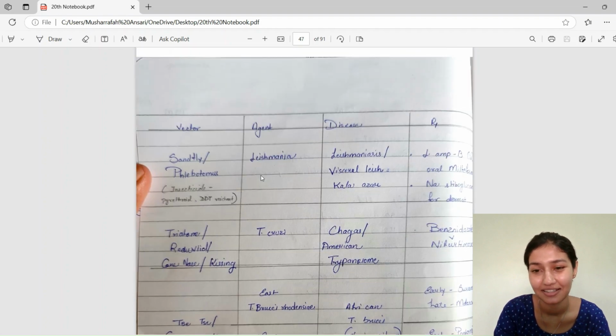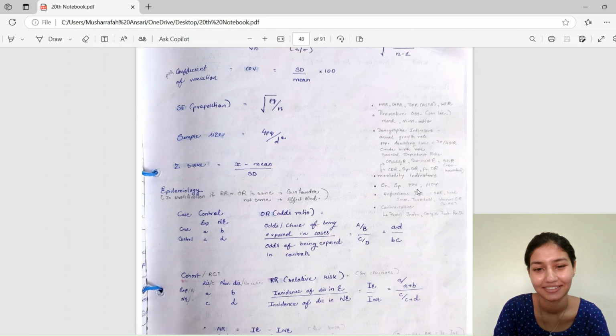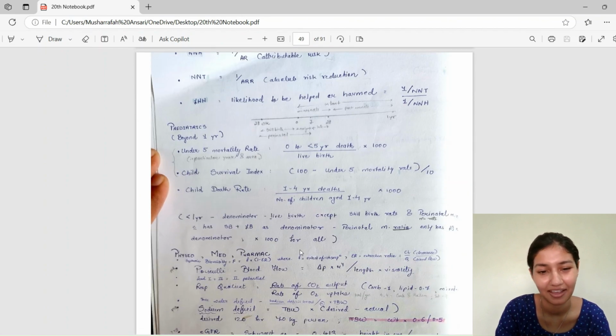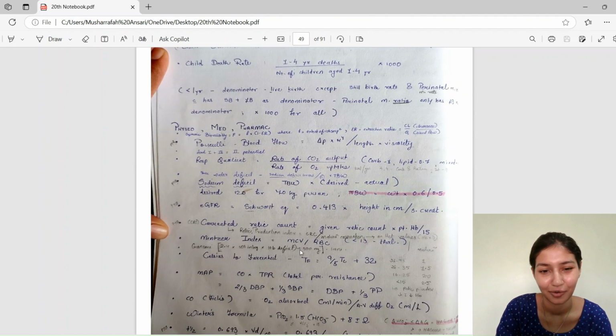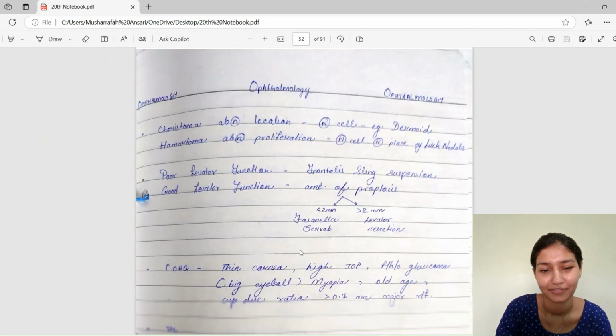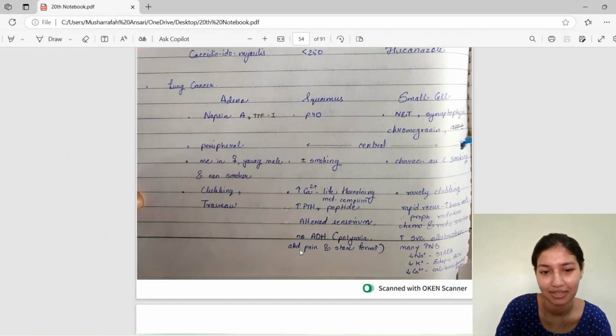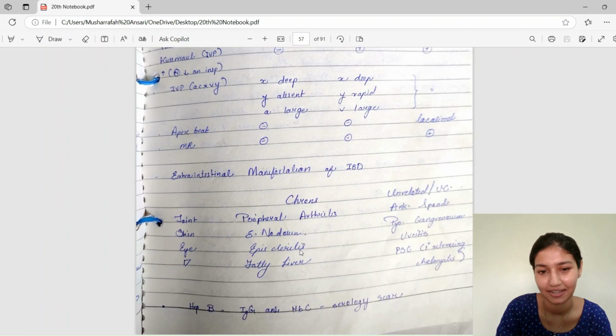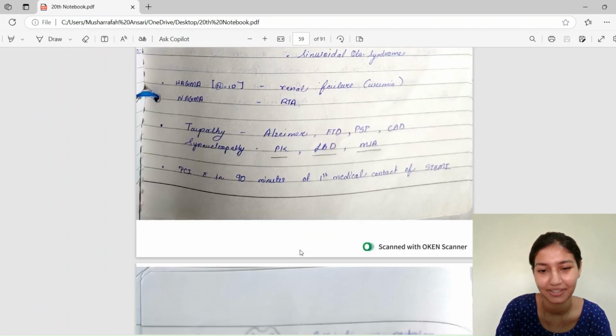And the drugs as well, because these are not the drugs you hear of very commonly. The formulae of PSM, and then I put in every other subject's formulae here, ENT, ophthalm, medicine, and with medicine I also combined the drugs used in medicine and allied subjects like ophthalm.